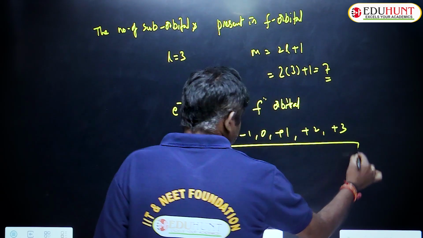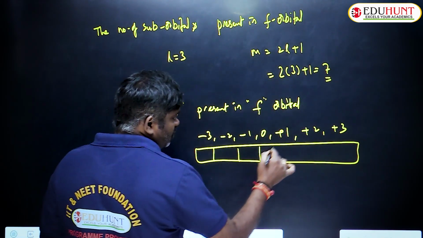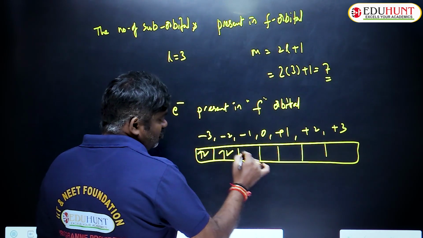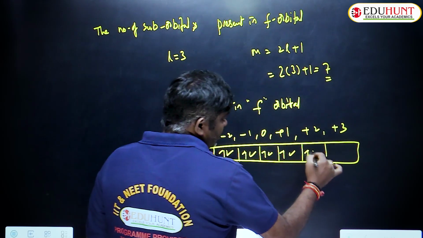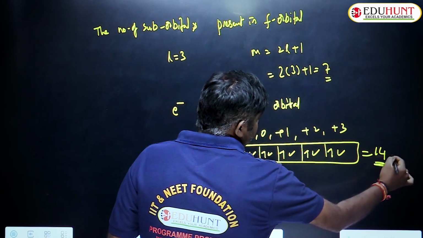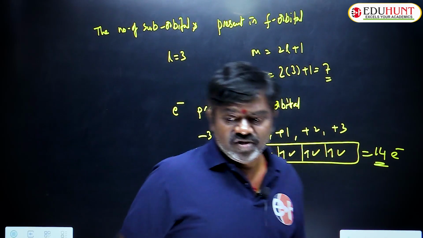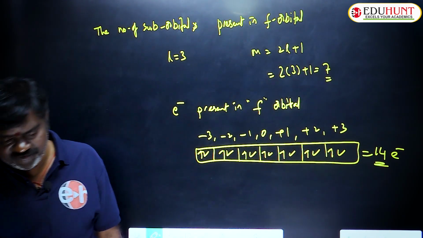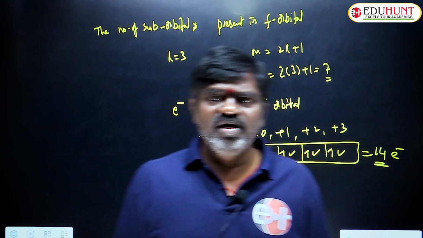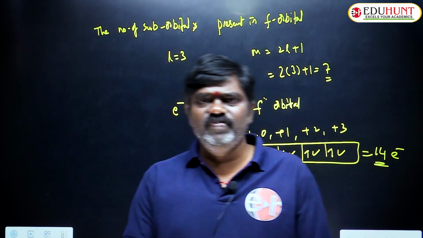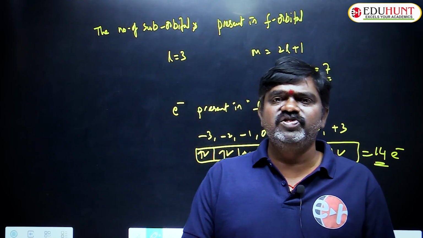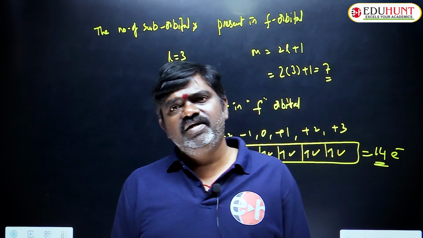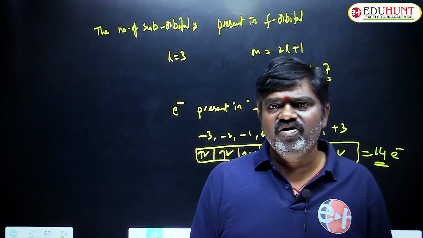The total is 7 orbitals, each holding 2 electrons, so the total number of electrons in the f orbitals is 14. We can calculate the total number of electrons in the f, p, d, or s orbital based only on the number of spatial orientations, which you find using only the magnetic quantum number.